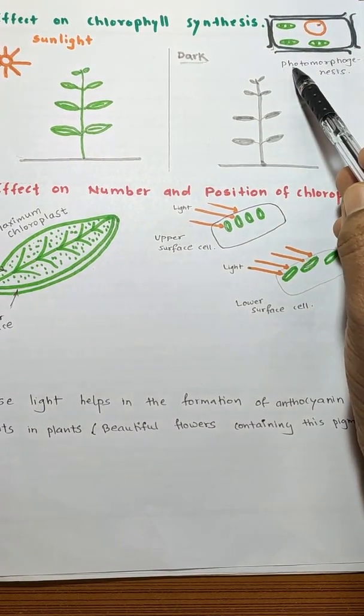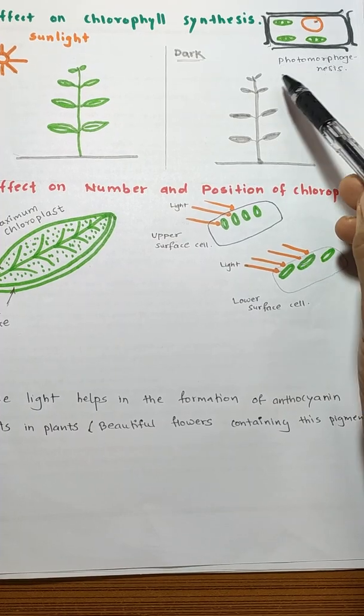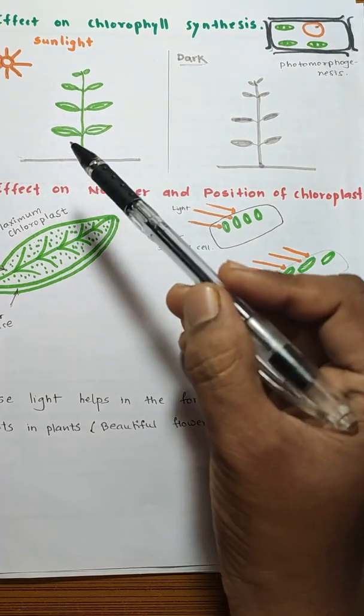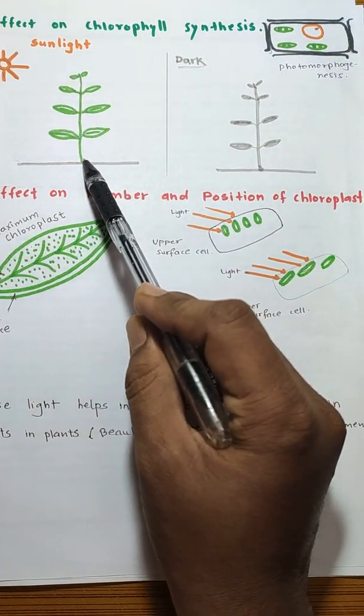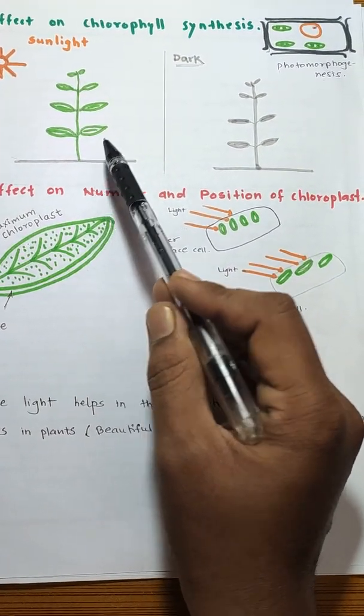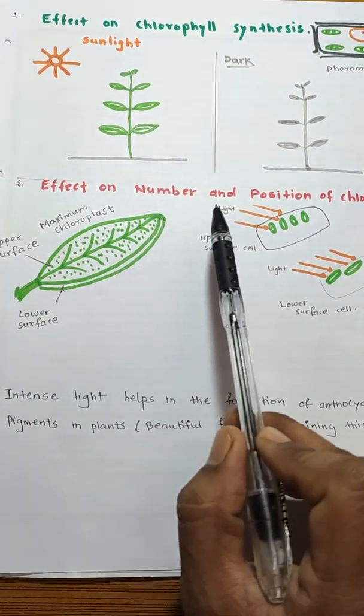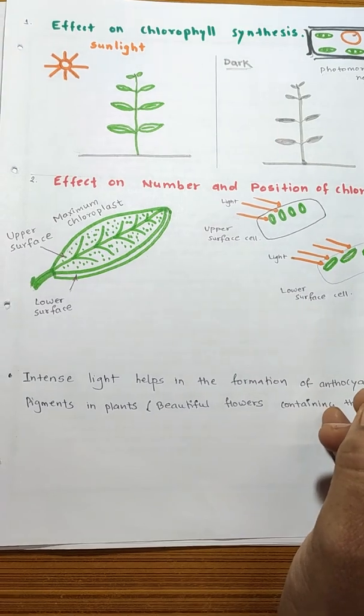Photo means light, morphogenesis means structure. Due to the absence of light, the structure of these plants is different from the plants kept in the sunlight.